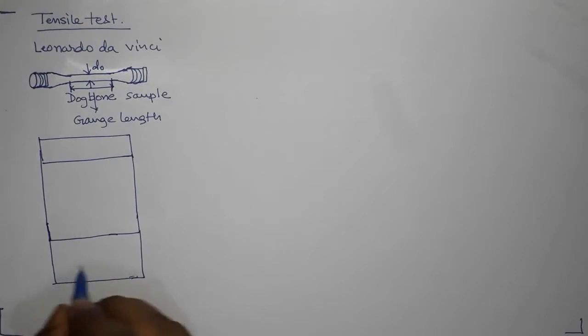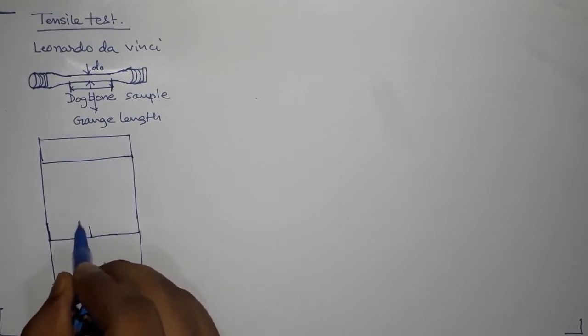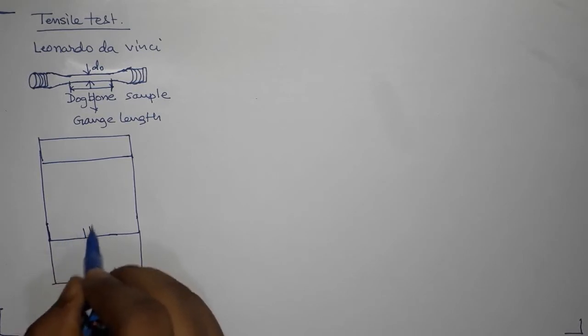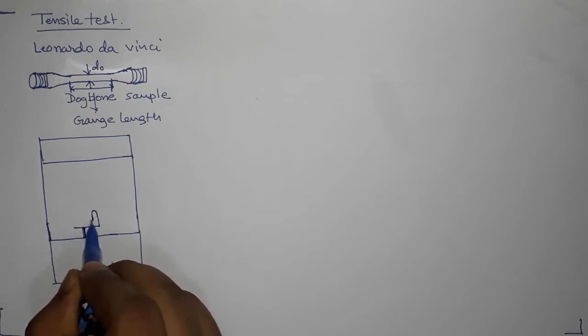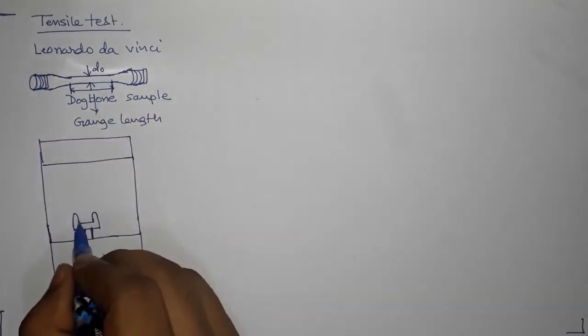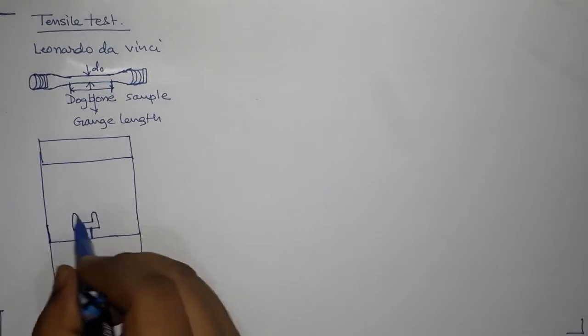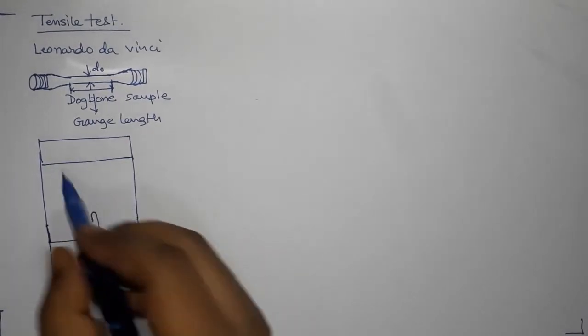So this is the lower part, and here you will have a fixture. The fixture design also differs in different machines. So you can have something like this, or for this kind of sample, you can have screw kind of fixtures, but it can differ.